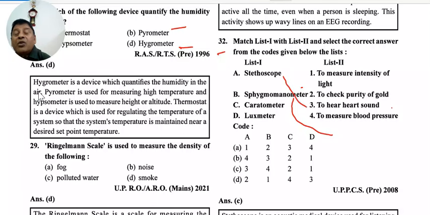Stethoscope is used to hear heart sounds. Then the keratometer and the glycometer. It's meant to measure the intensity of light. So only the karatometer is used to measure the purity of gold. This is how you can match it correctly.